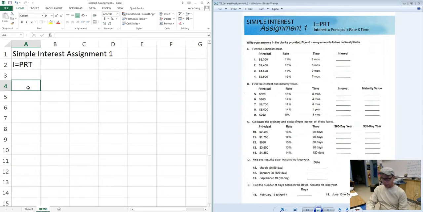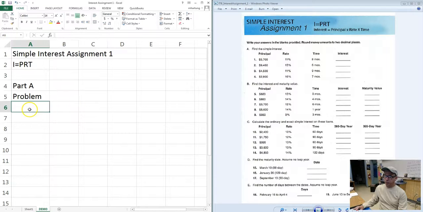So let's go ahead and get this problem set up. And I'm just going to go ahead and put in our categories here. So here in Part A, we have 4 calculations to do.